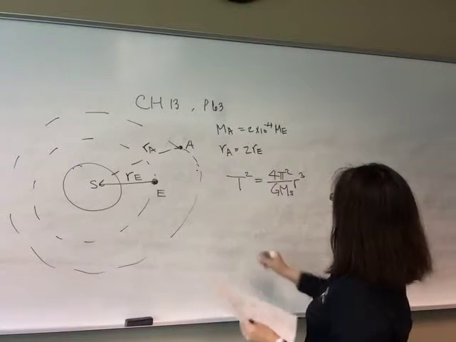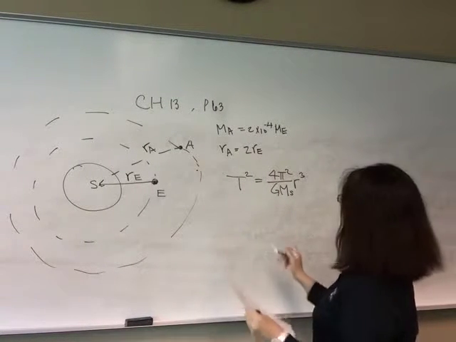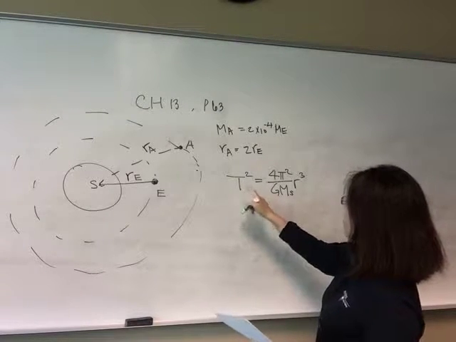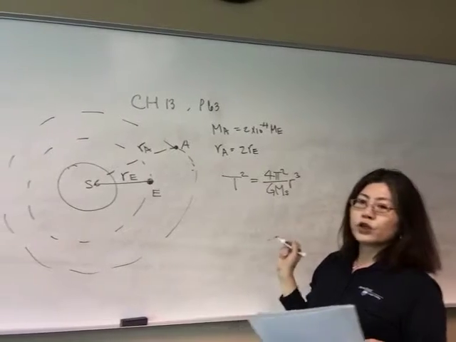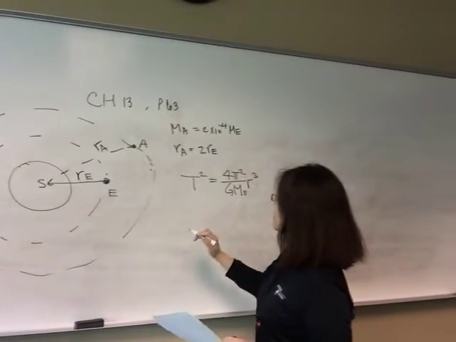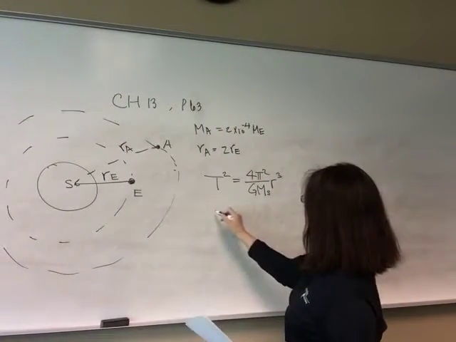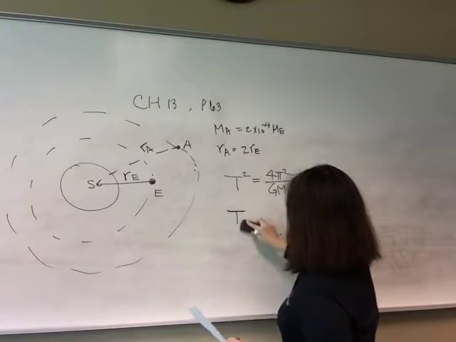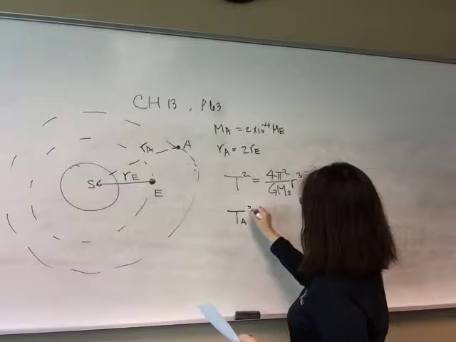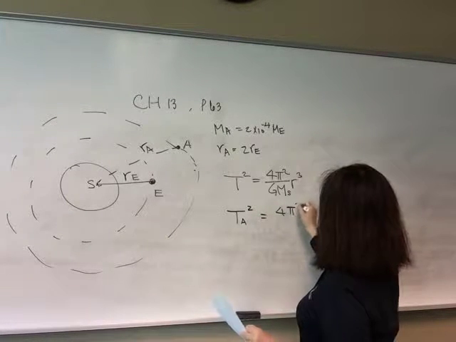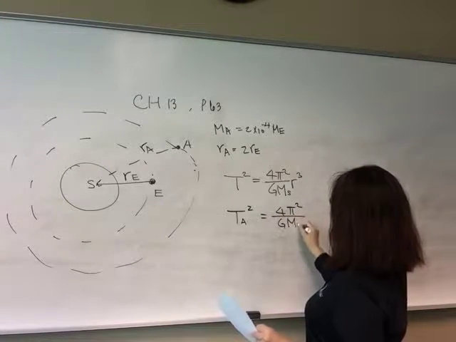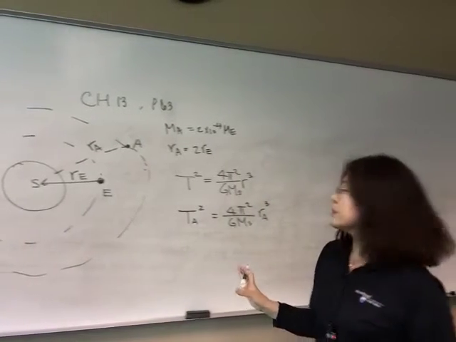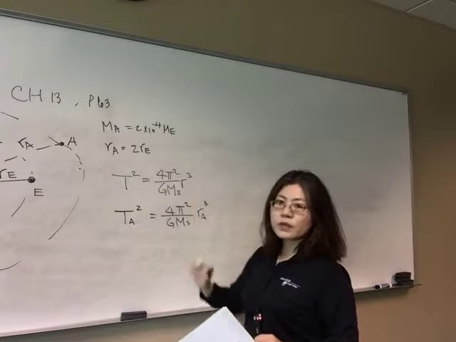Okay, so what we have here is that we can just plug in the numbers. It's very simple, because you express the revolution in years, so we can actually just keep the year. So for the asteroid, the period of the asteroid squared is equal to 4 pi squared over G times the mass of the Sun, times RA cubed. We're using a procedure very similar to one of the problems that we did earlier.